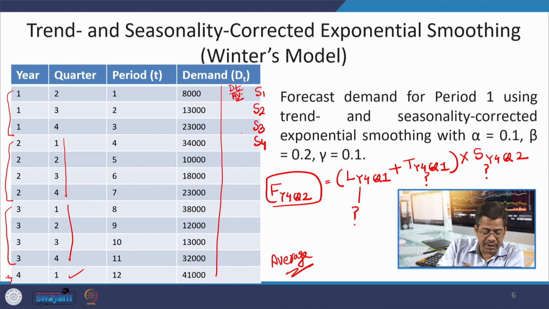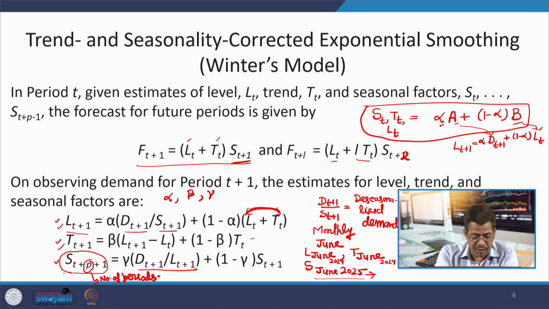Sorry, we have only 3 quarters of data given here, so you have S1, S2, S3, and then you use these for continuously updating, using the equation for updating the seasonal factor.